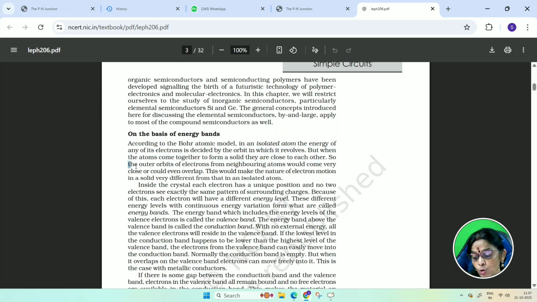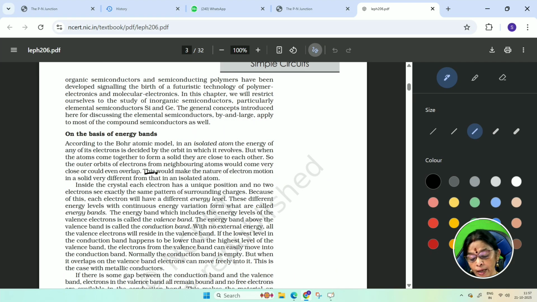But when atoms come together to form a solid, they are close to each other. The outer orbits of the electrons from neighboring atoms would come very close, or even overlap. Therefore, this would make the nature of electron motion in a solid very different from that in an isolated atom.